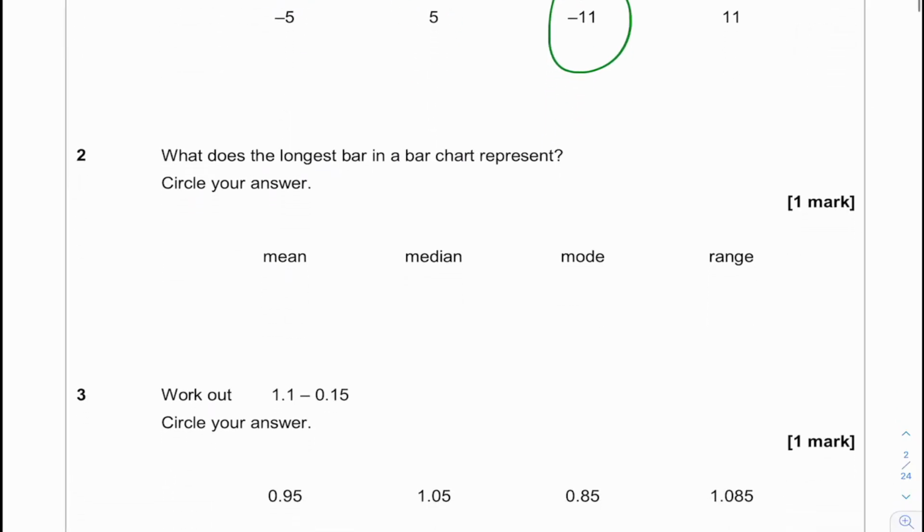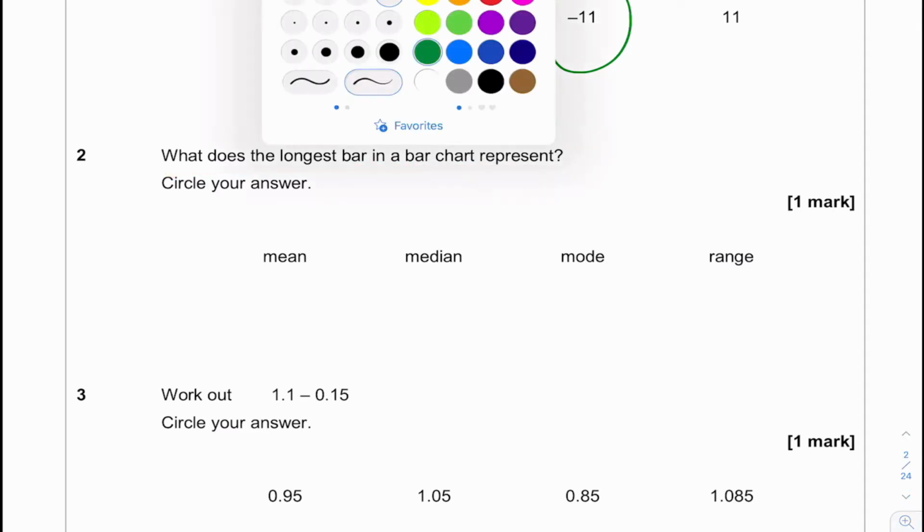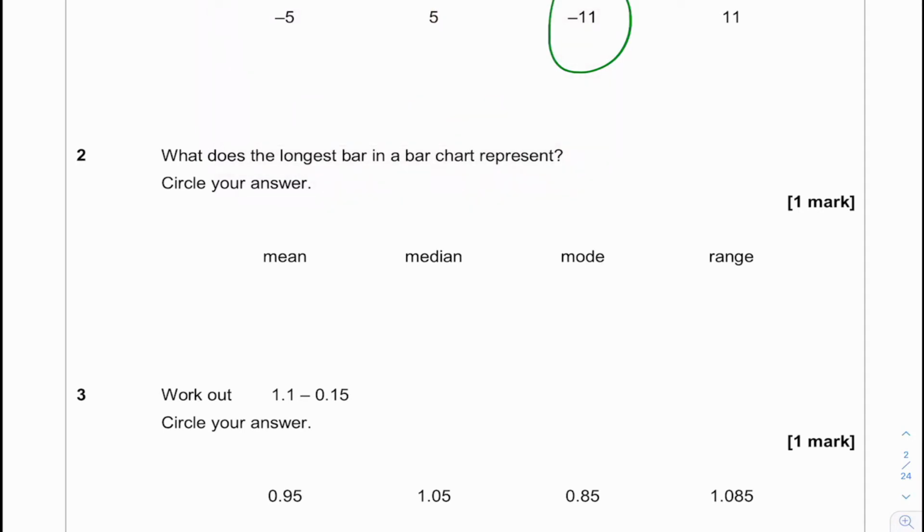So moving on to question 2, we need to answer, what does the longest bar in a bar chart represent? And we need to circle the answer. So if we consider a bar chart, I'll just quickly sketch one.